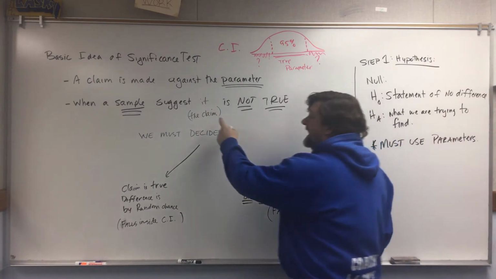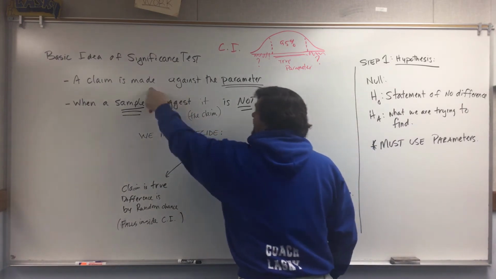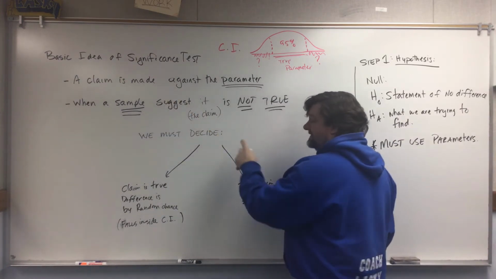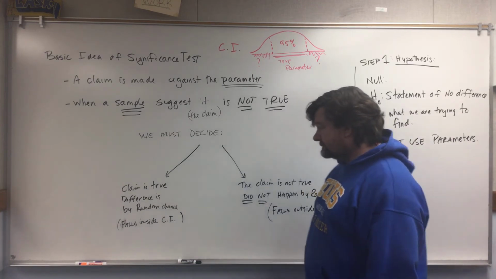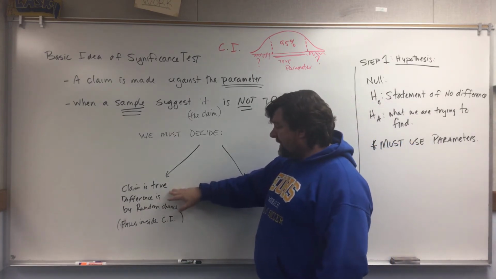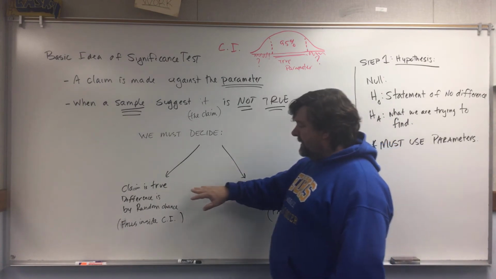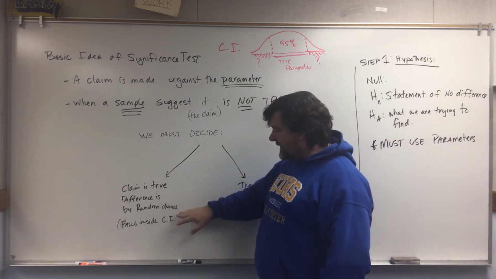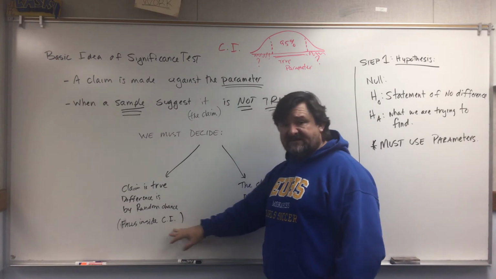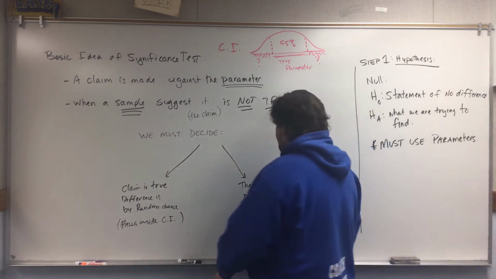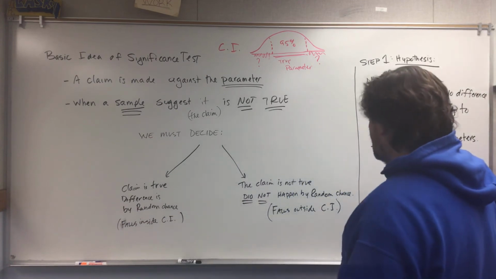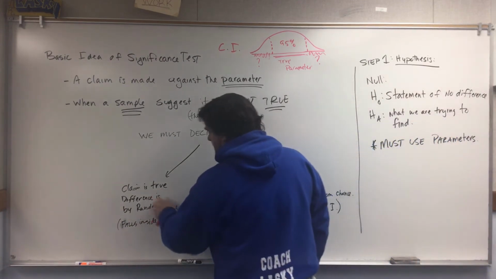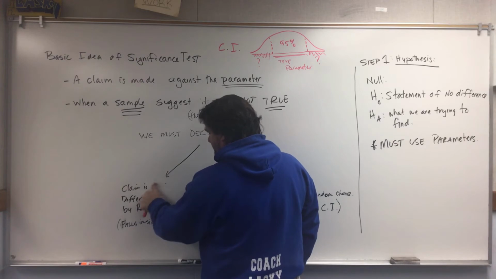So we have to decide what that claim against is made. We have to decide two things. That the claim is true, that the true difference is by random chance. So it falls inside, so that the claim, did I get these backwards? The claim, I did. This is not true.